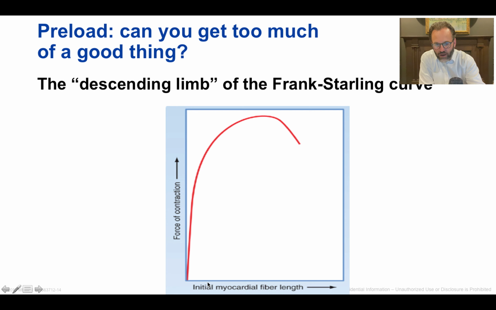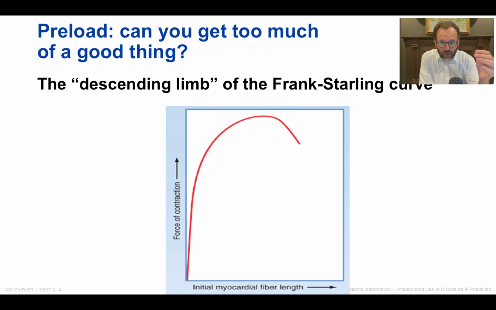Increase myocardial fiber length, a little bit more force generation. Increase it further, we get some more force generation. Now, of course, there is apparently a point of diminishing returns, where very dramatic increases in myocardial fiber length lead to a subsequent decrease in force of contraction during the subsequent systolic phase.